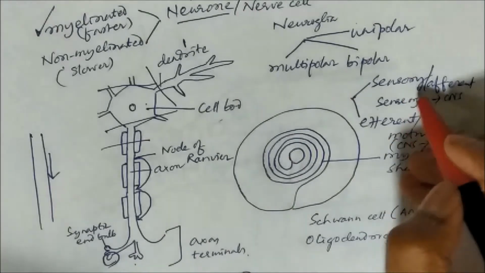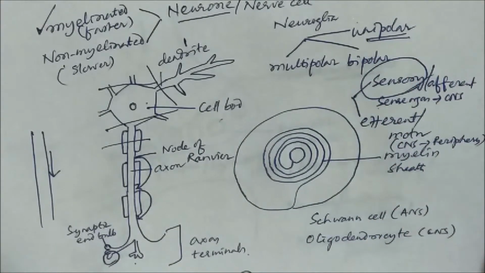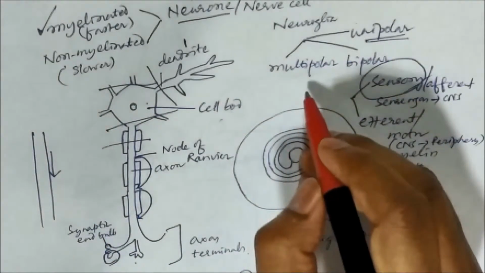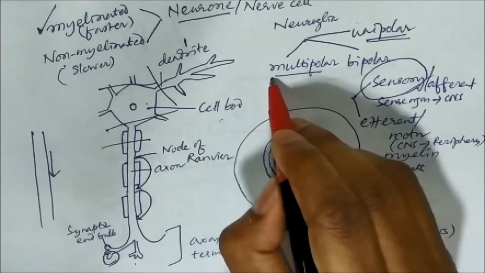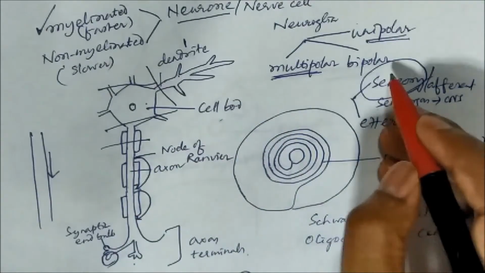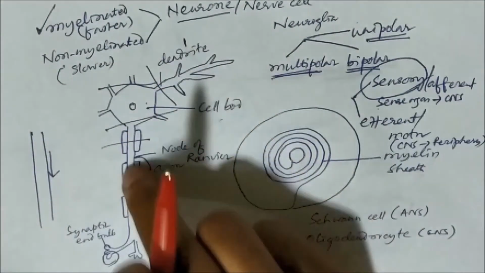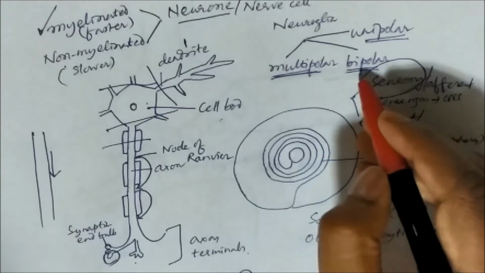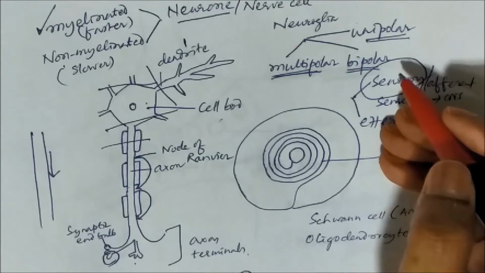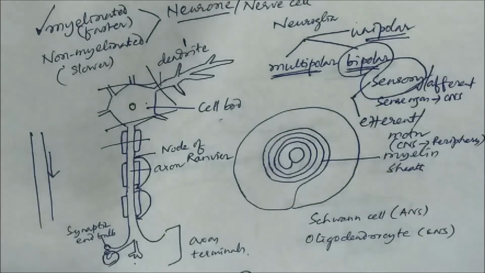Most sensory neurons are unipolar. Most neurons in the brain and spinal cord are multipolar, that means dendrites are there and an axon is there, and a few are bipolar, that means one axon and one dendrite. For example, the retina of the eye, inner ear, and olfactory area of the brain all contain bipolar neurons.